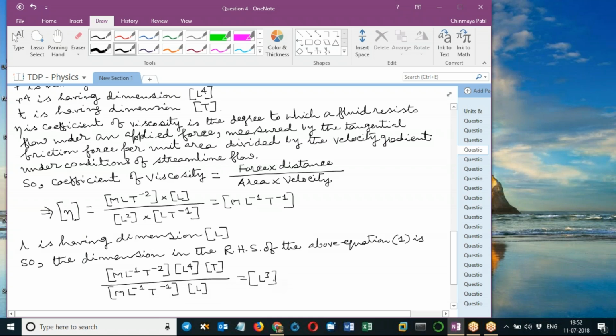So what we see? We see both left hand side and right hand side having the same dimension of L cube.